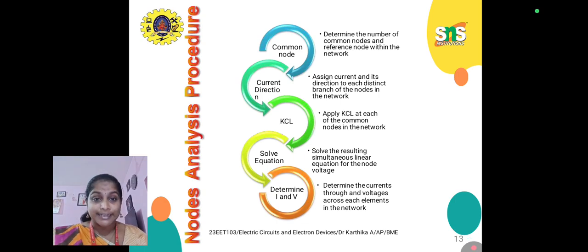Second is current direction. Assign current and its direction to each distinct branch of the nodes in the network. Next, KCL. Apply KCL at each of the common nodes in the network. Solve the resulting simultaneous linear equations for the node voltage. And finally, determine the currents through and voltages across each element in the network.